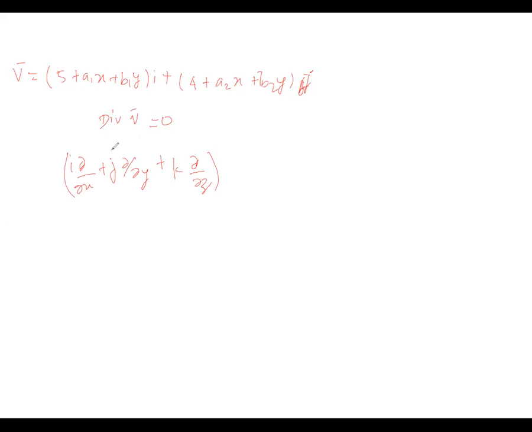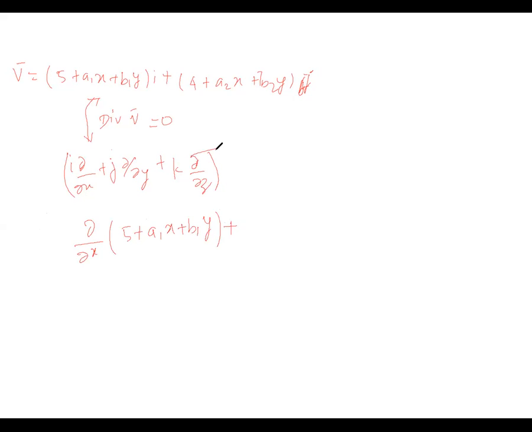Then if you multiply this divergence operator with the velocity vector, for the i vector you have only ∂/∂x of (5 + a1 x + b1 y).